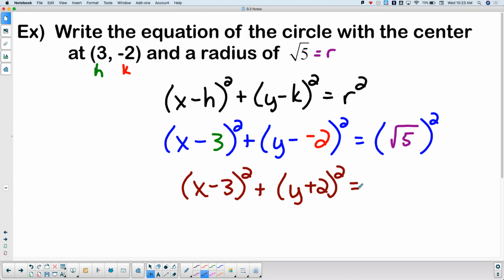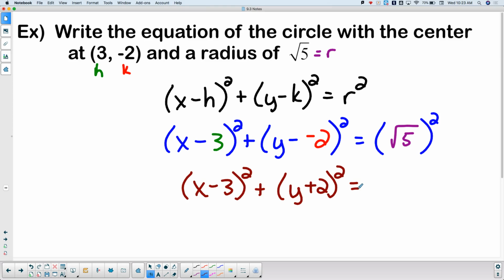Okay, pretty up the right side. Oh, yeah. But what does it become? Well, okay, yeah, it would be the square root of 5 times the square root of 5, which is the square root of 25, which is just 5.